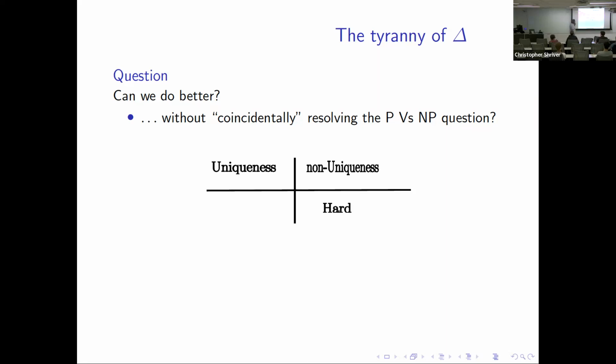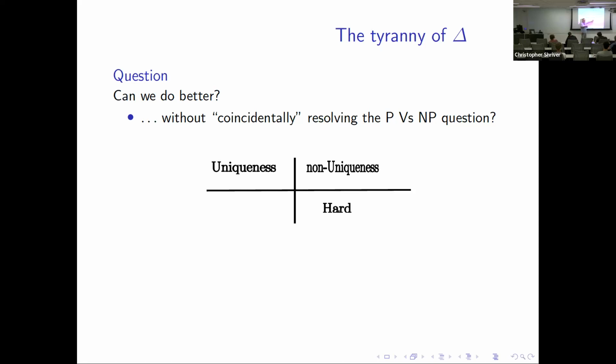So what I'm thinking here is, okay, in non-uniqueness we have some hard instances, but are all instances hard here? Is it possible to find other instances where the mixing is fast, even though we are in the non-uniqueness region?